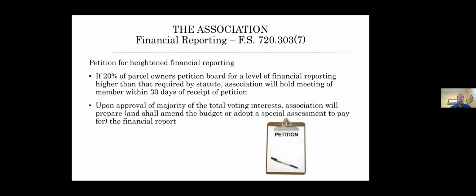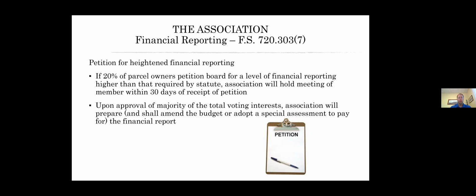And if the association membership, if they're in one of the lower tiers of reporting, would like to have something that's more thorough, there is a provision in the statute that the membership can petition the board and require them to hold a meeting after 30 days of the petition to have a vote and have the membership obligate the association for that year to have a higher reporting requirement.